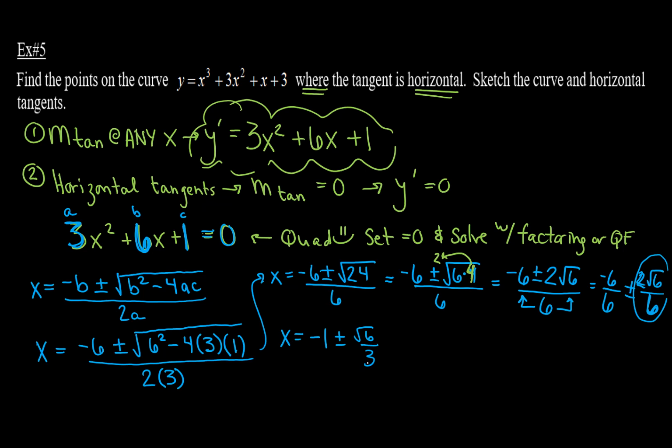All right. So this means then that the x values, the points where this equation has horizontal tangents, is going to be when x equals -1 minus the square root of 6 over 3 and -1 plus the square root of 6 over 3.